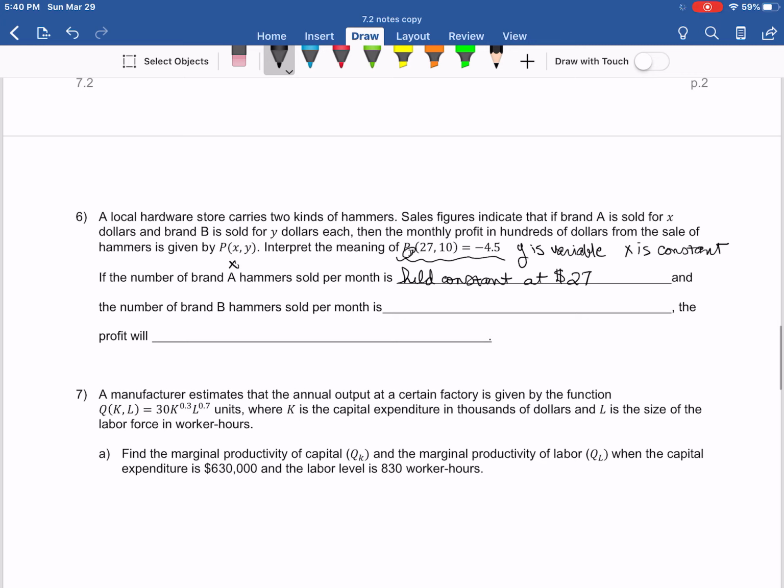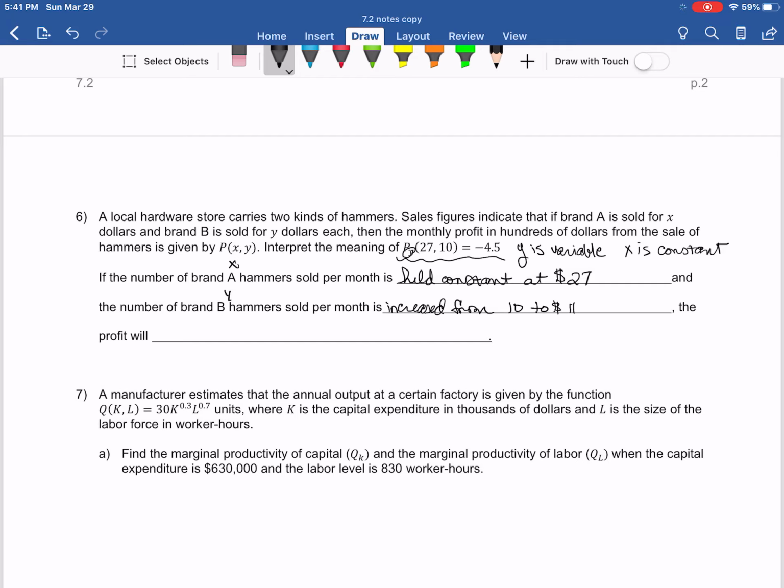What's happening with brand B? Brand B is your Y variable in this case. Y is the price of the brand B hammer, and so this one is allowed to increase. Increased from $10 to $11.